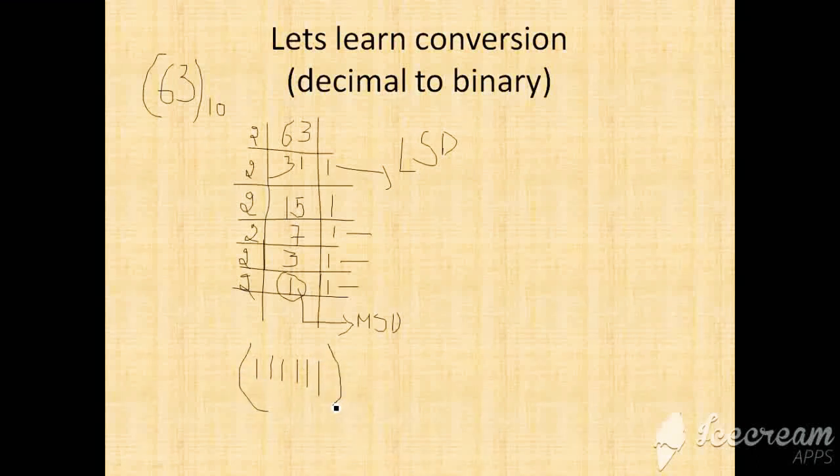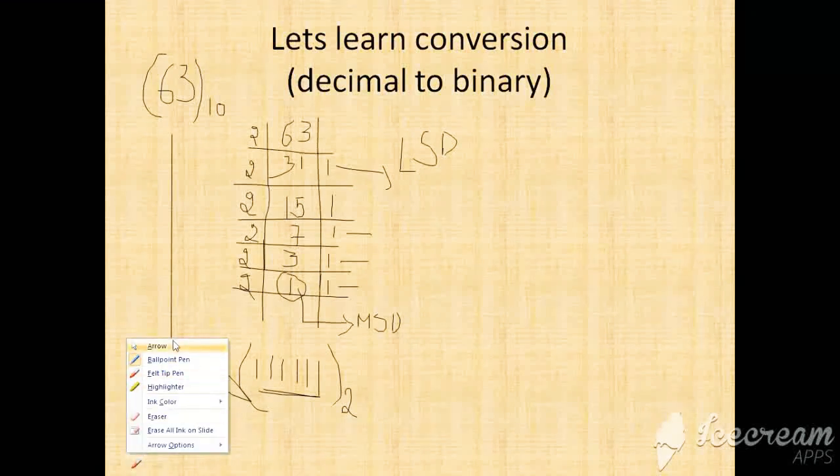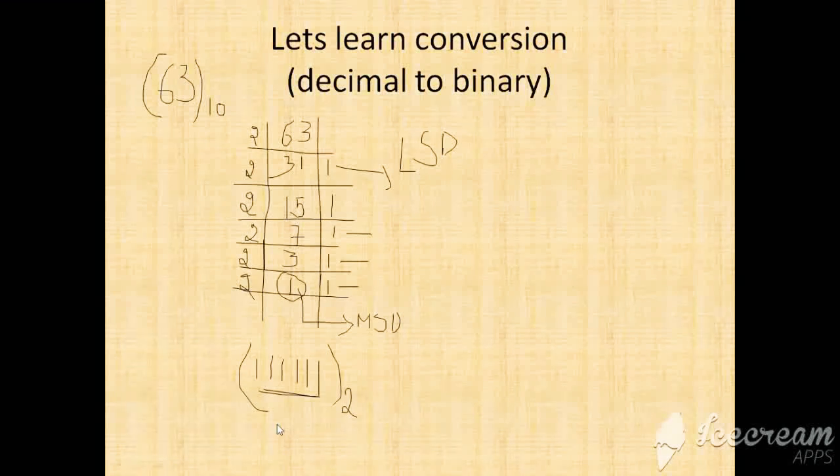Then enclose it and write 2 at the base. Why 2? This is the binary representation of what? 63. Am I clear? So my dear students, this is the binary representation of the decimal number 63. You just have to divide the given number by 2.